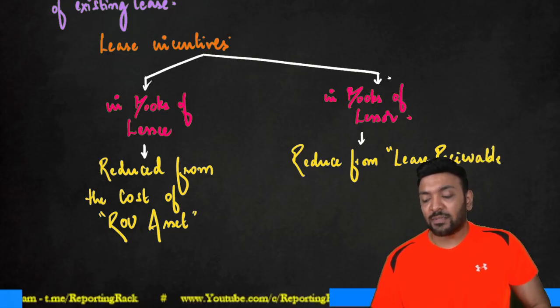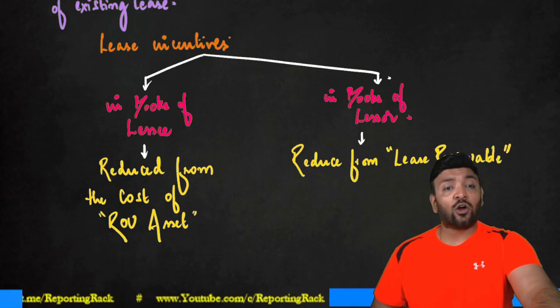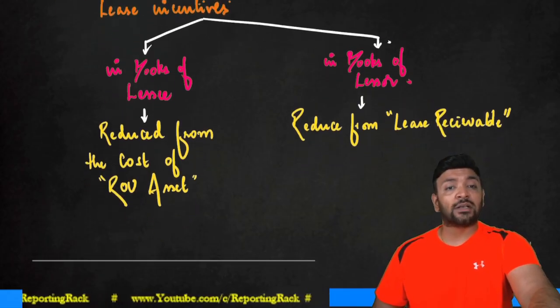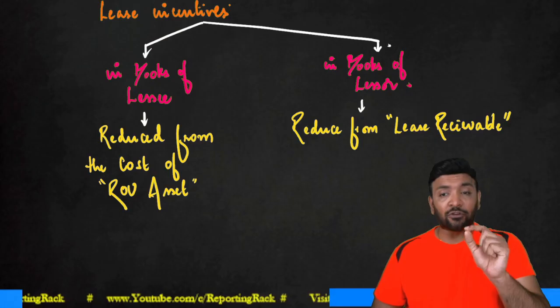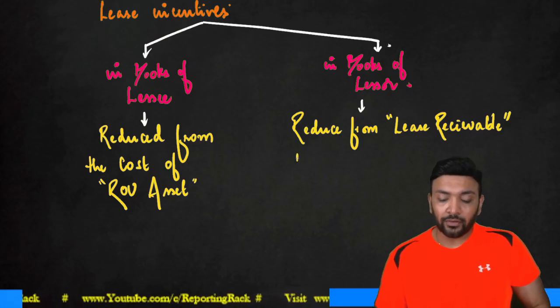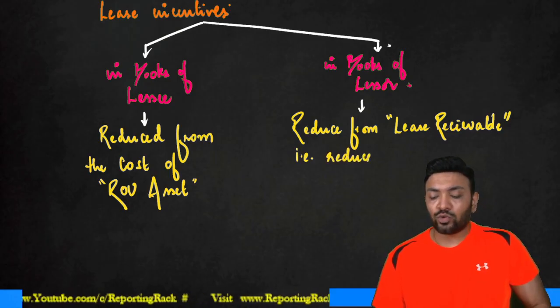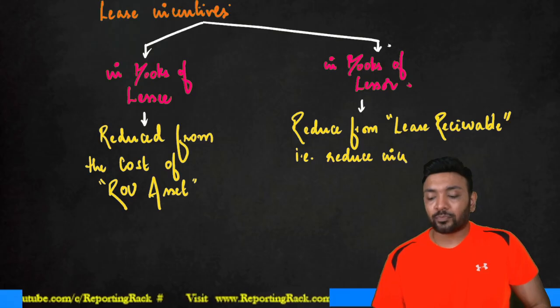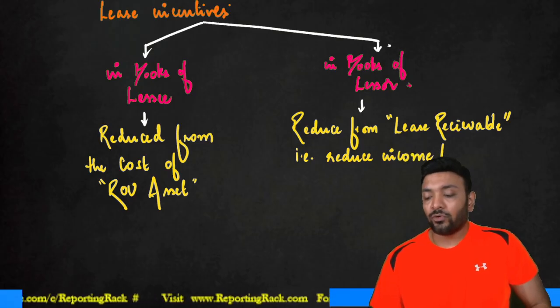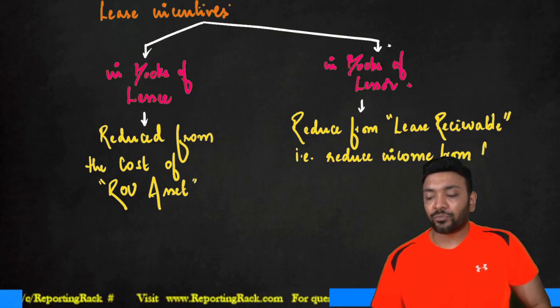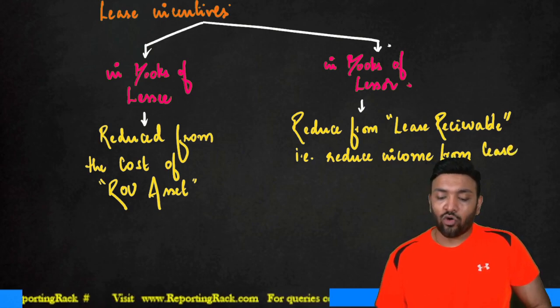I'll talk about this measurement of lease receivable. I'll also talk about the measurement of ROU asset. But by reducing it from lease receivable, reduce that income from lease over lease term.